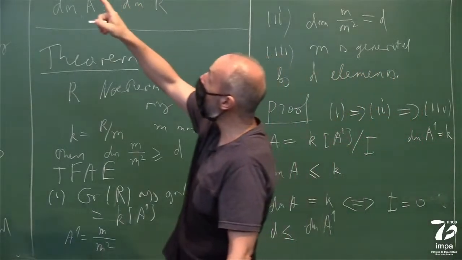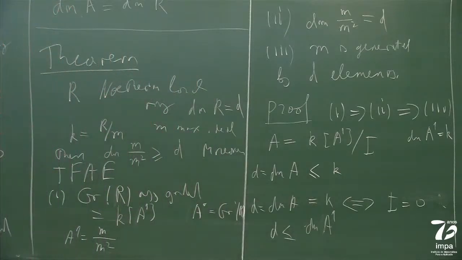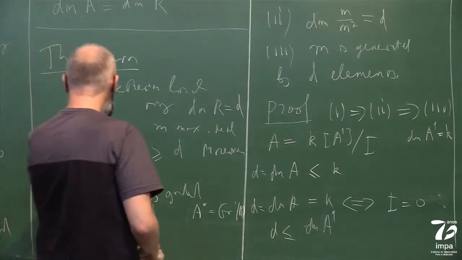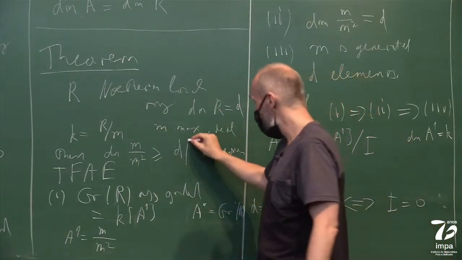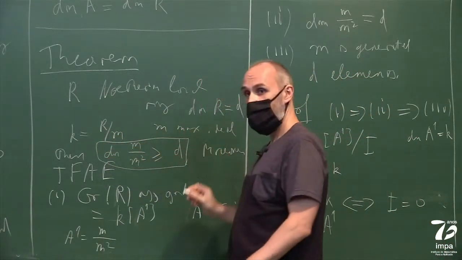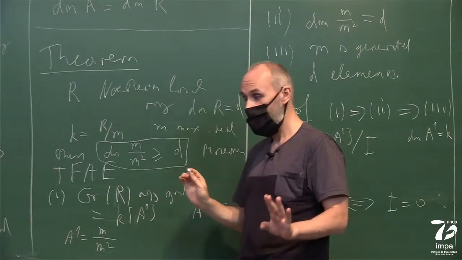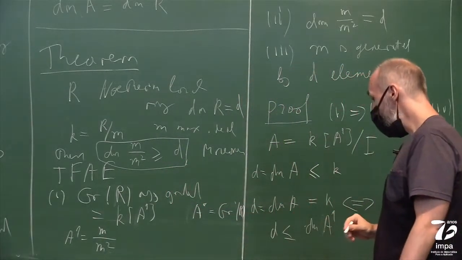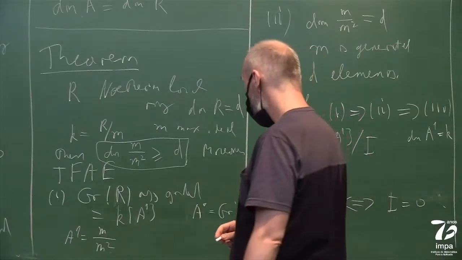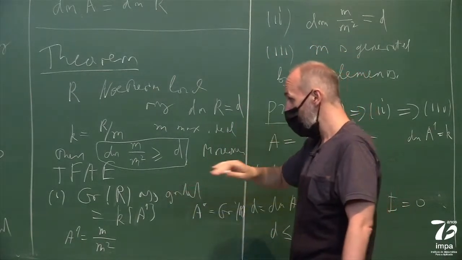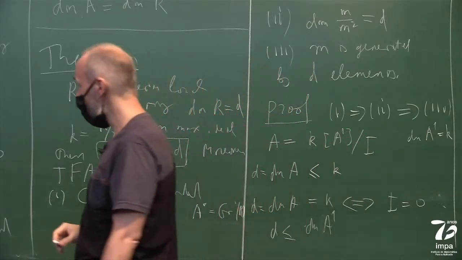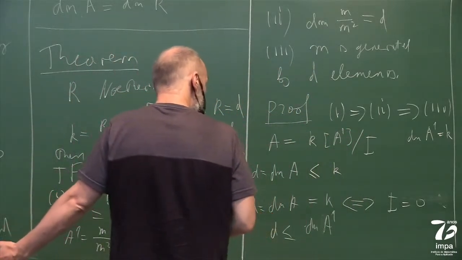This is the first observation of this theorem. This we proved, right? And clear? Okay, the next we need to prove 3 implies 1. And then we are done.